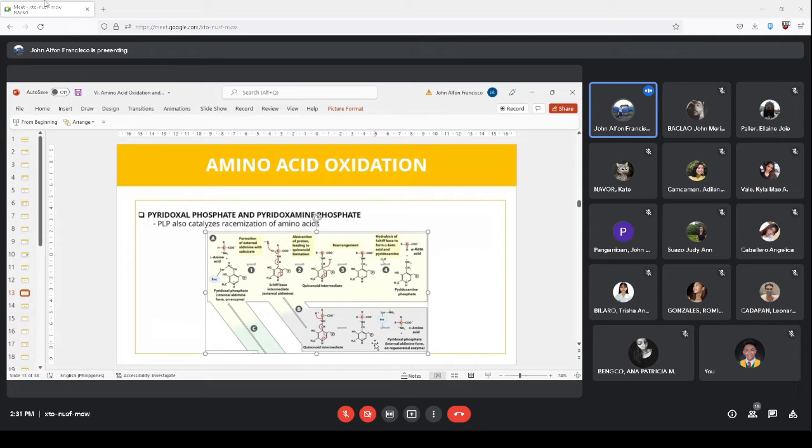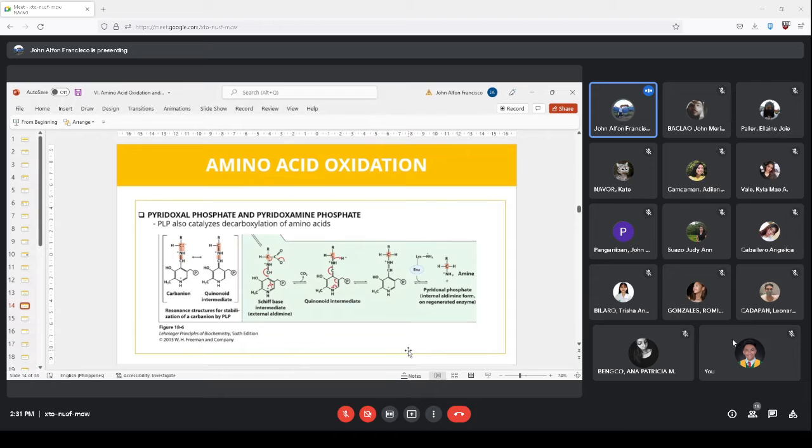Okay. PLP also catalyzes racemization of amino acids. So what happens here is just the change of configuration of your L-amino acid to D-amino acid. Pyridoxal phosphate can also catalyze the decarboxylation of amino acids.